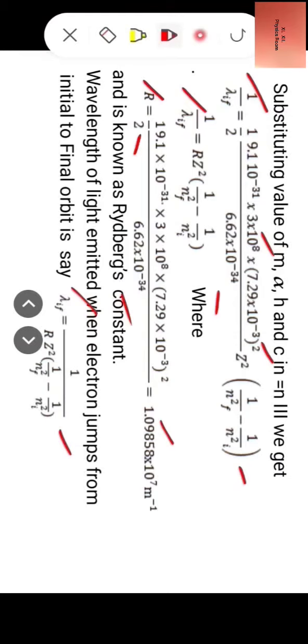I repeat, the wavelength of light emitted when electron jumps from initial to final orbit is lambda IF is equal to 1 by R Z square into 1 by nf square minus 1 by ni square, bracket closed. Now we have taken here the reciprocal of this equation, okay, and it is known as Rydberg's formula.